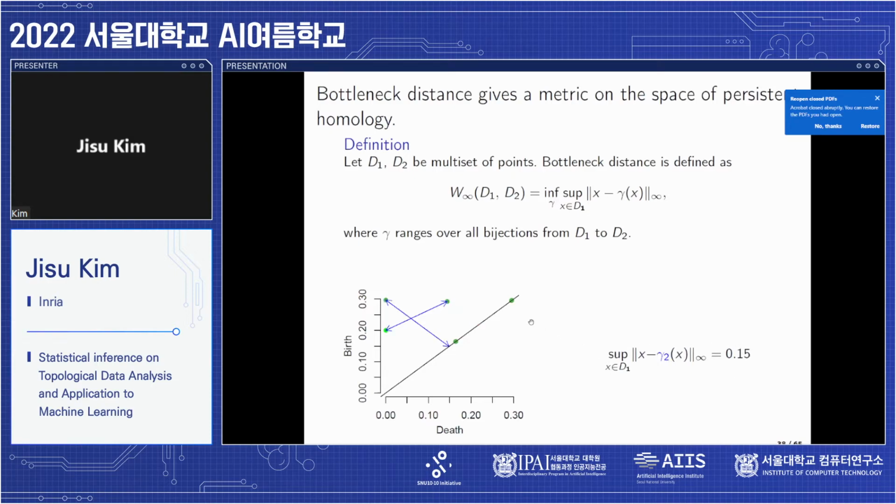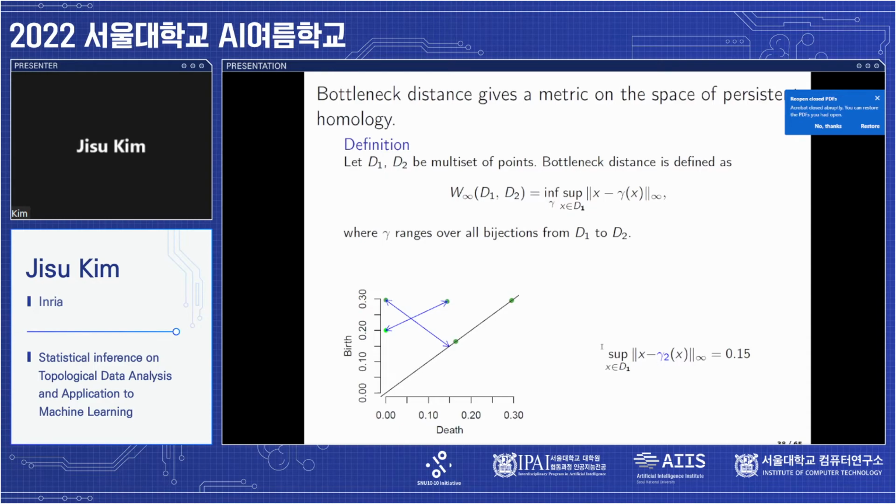And then you do that for all possible other matchings as well. For example, this time you match this point with here and this point with here. Then for this case, the infinity distance between these two points will be 0.15. So when you take the supremum over all the blue arrows, you get 0.15 here as well.